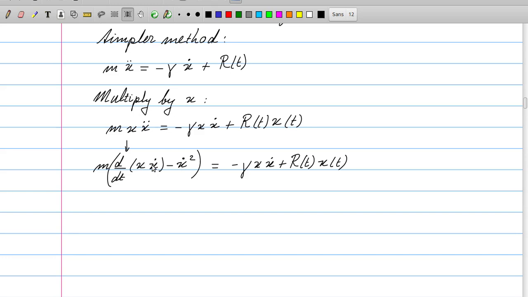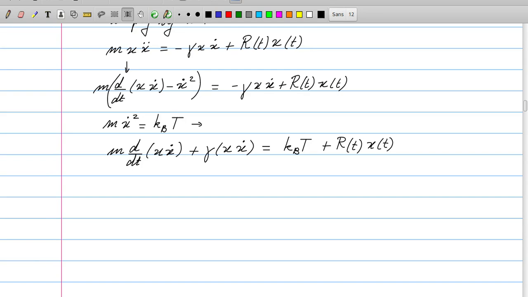One is this term and the other one is that term. In order to get that term, I need to subtract this velocity squared term. m times the velocity squared is twice the kinetic energy, which can be related to kBT by the equipartition theorem, and then we obtain the following equation. I've moved the term with the minus gamma to the left hand side and the kinetic energy to the right hand side, and replaced it by the constant kBT.